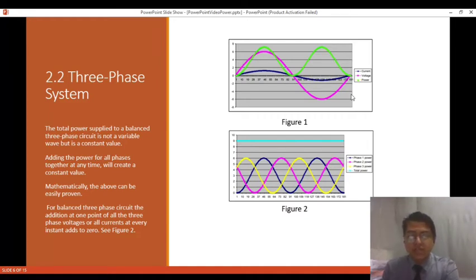For a balanced three-phase circuit, the addition at one point of all the three-phase voltages or all currents at every instant adds to zero. All of that can be referred to in figure 2, where phase 1, phase 2, the purple one, and phase 3, the yellow one. And the total power will be the light blue.